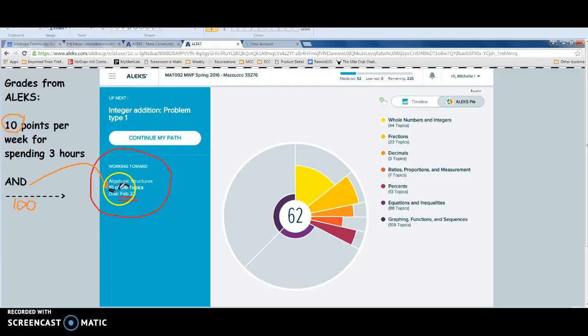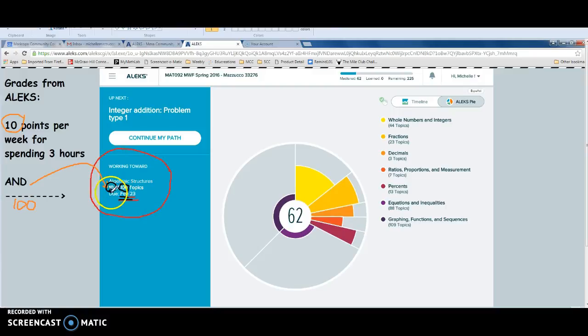So these 106 topics that are due February 23rd, some of them are going to be review topics that you should already know. I think about 75 topics you should already know, like fractions and decimals.